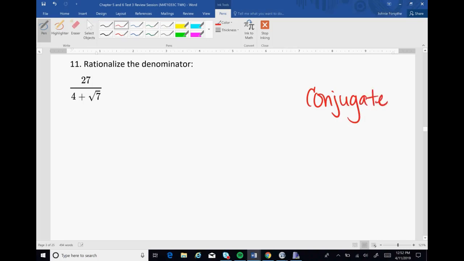The conjugate of 4 plus square root of 7 is 4 minus the square root of 7. So we're multiplying the top and bottom by that.